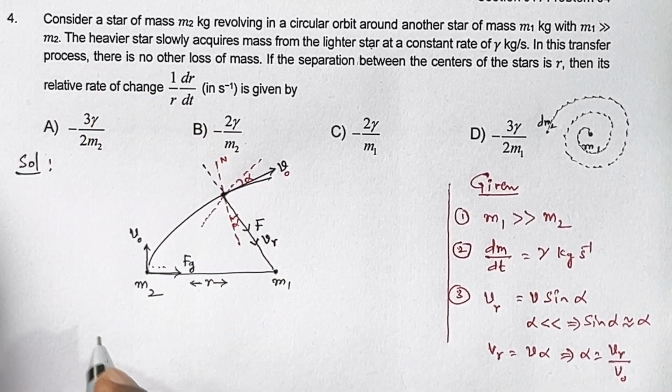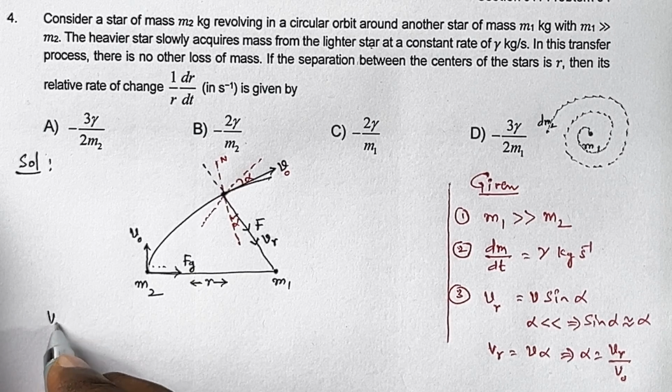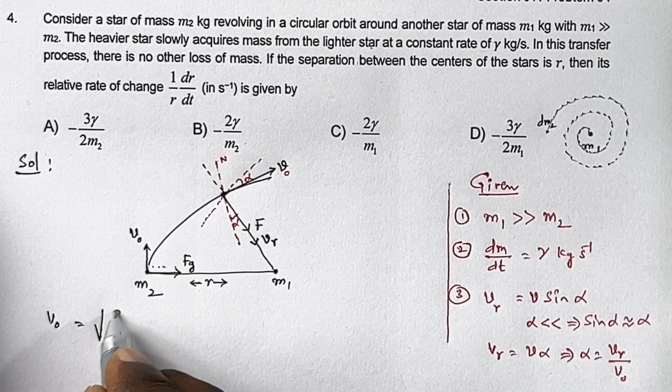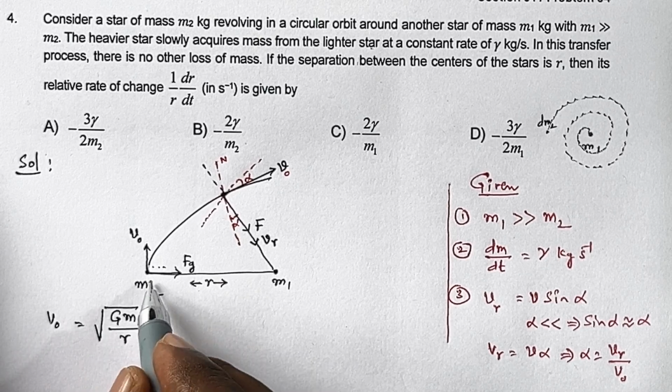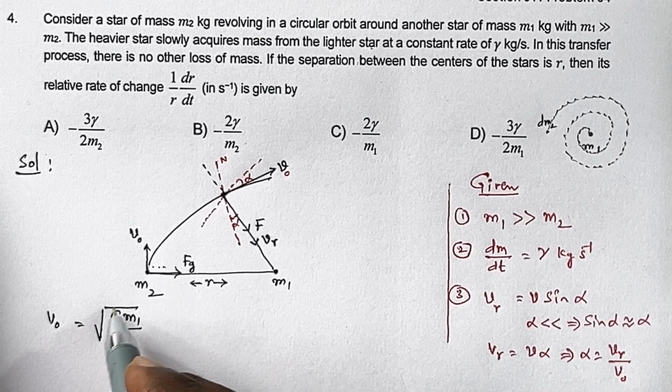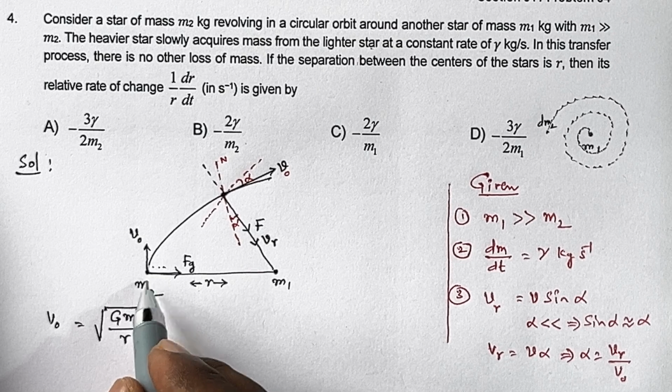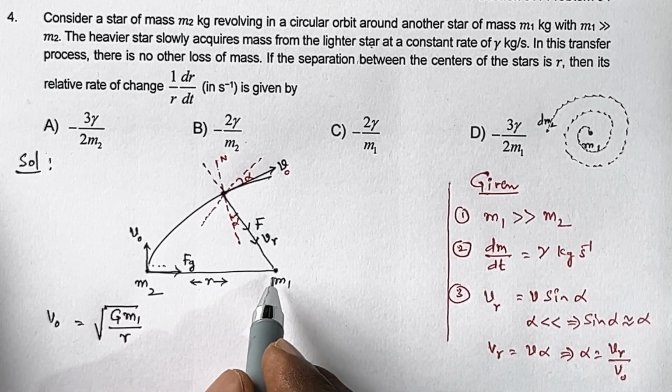So here the orbital velocity v naught is equal to, that formula we know, root of G m1 by r. The velocity of m2 is not affected by its own mass, it is affected by the second star's mass.